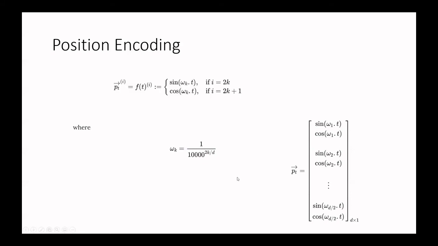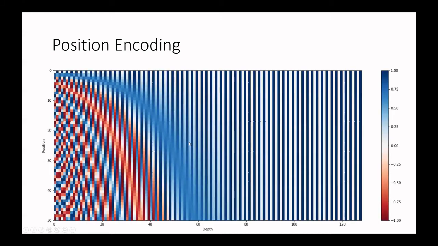And so we will have alternating sine and cosine, and it will look like this. Let's say our embedding representation, the feature vector, D is 128, and let's say we have 50 words. So this will be the position encoding for the first word. This will be the position encoding for the second word, and so on.